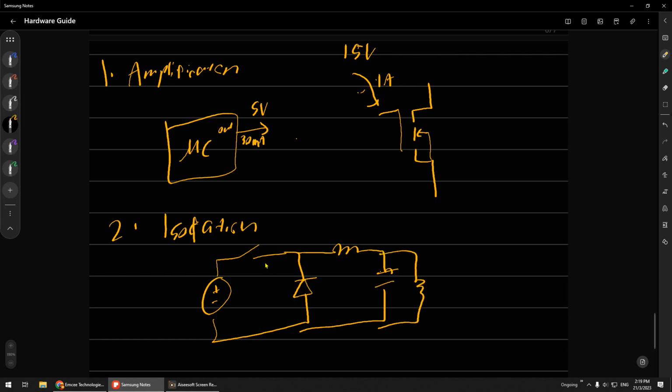To switch this, of course you have to apply voltage here. For example, if you have V in and you share V in with the gate, plus minus VGS, and you use the same source, the negative part will be connected to this, and this one will be connected to this.